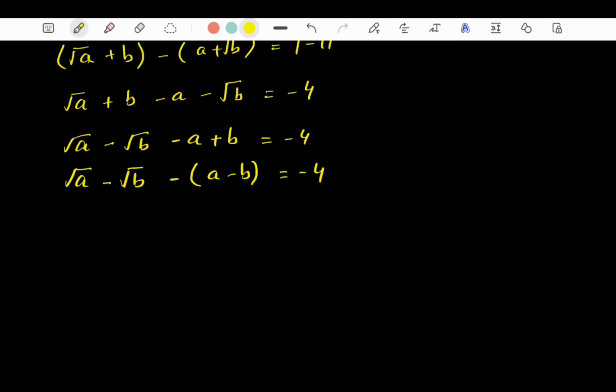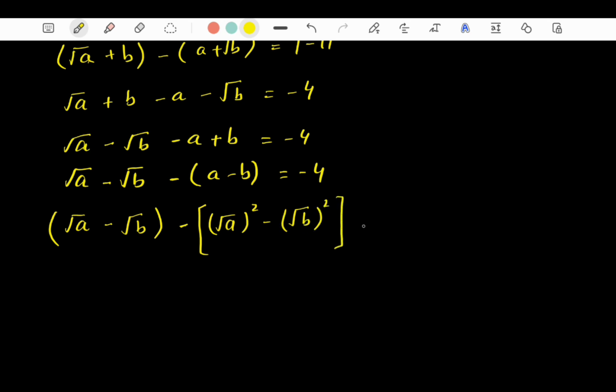Here we can write a minus b as square root of a squared minus square root of b squared. It's a very well known formula, which is given as a squared minus b squared is equal to a plus b into a minus b. So we have used this formula.